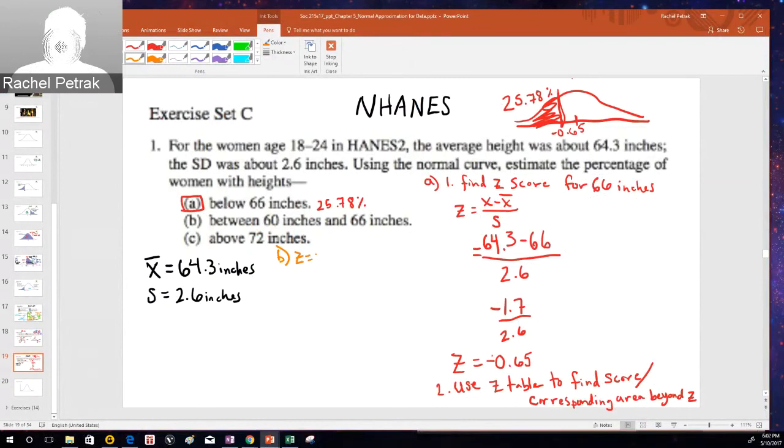Z equals x minus x bar over s. And we have 60 minus 66 over 2.6. And our other z-score, we already know the z-score for 66 because it's 0.